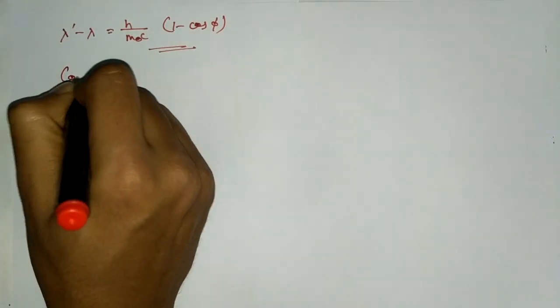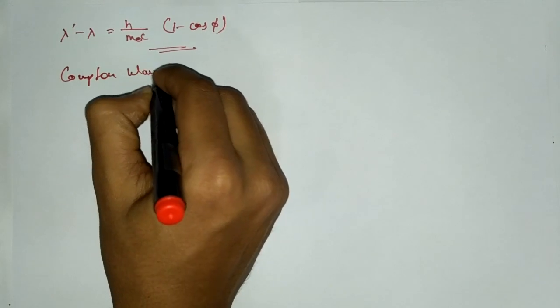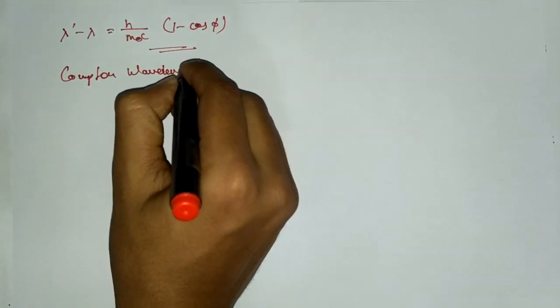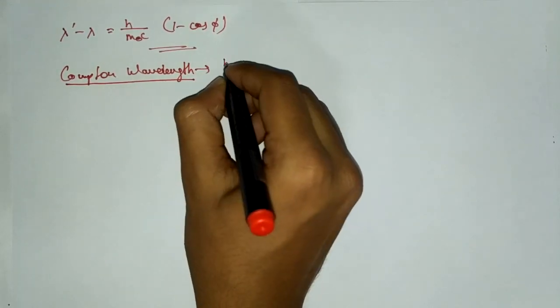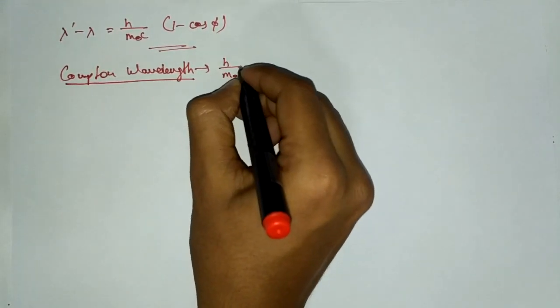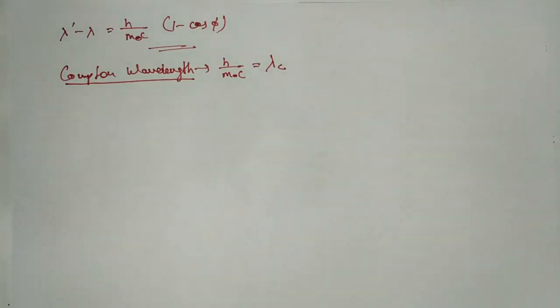So what is the definition of Compton wavelength? Important definition: h by m naught c is denoted by lambda c. This is known as Compton wavelength.